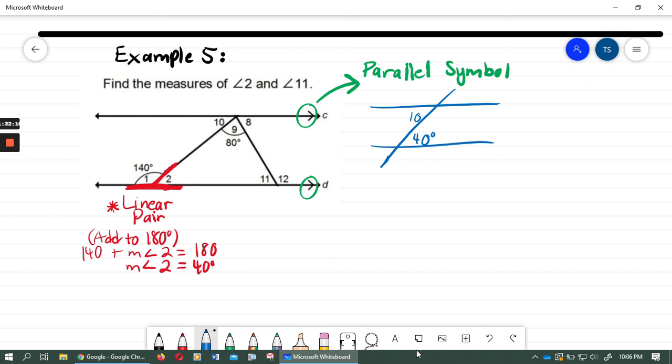I mean, we could have used the 140 degrees with angle 10 to figure out because these two angles right here are consecutive interior. I apologize if that looks especially sloppy.